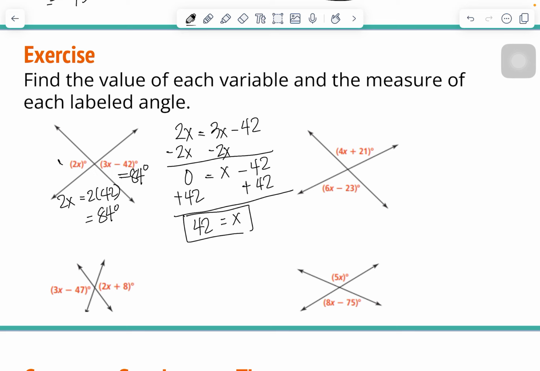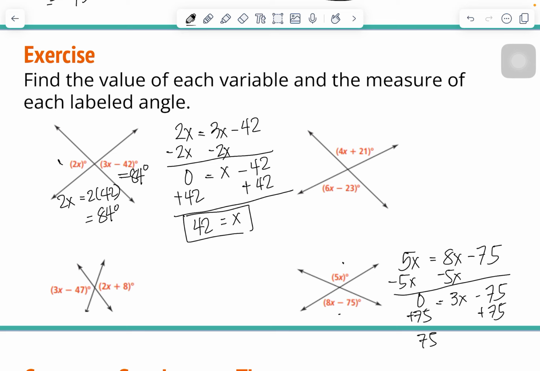All right, how about this one? These are vertical angles too, so you have there 5x is equal to 8x minus 75. So you subtract both sides by 5x, and that will give you 0, 3x minus 75, so add 75 both sides.